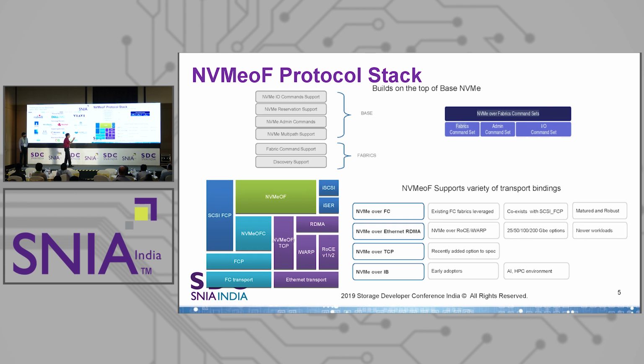Similar to that, in discovery support, there is an NVMe initiator. It will query a very well-known address, and it will say, what are all the IO subsystems that I can see? So these IO subsystems will be replied back from the target side, and after that, it will tell what volumes can be exposed to the host. In NVMe terminology, volumes are known as namespaces.